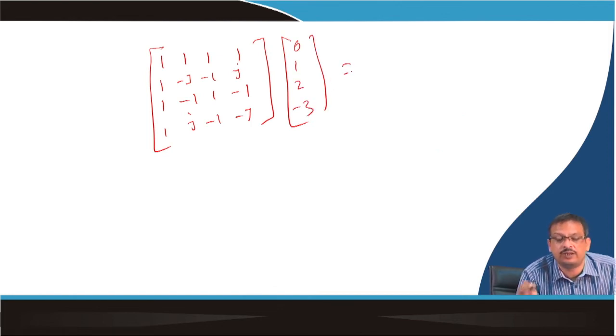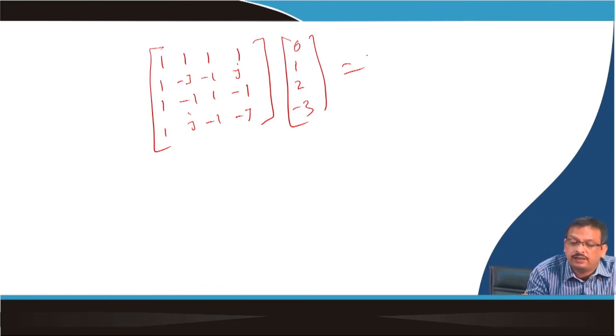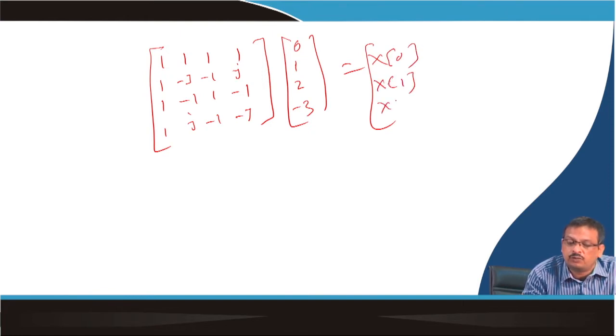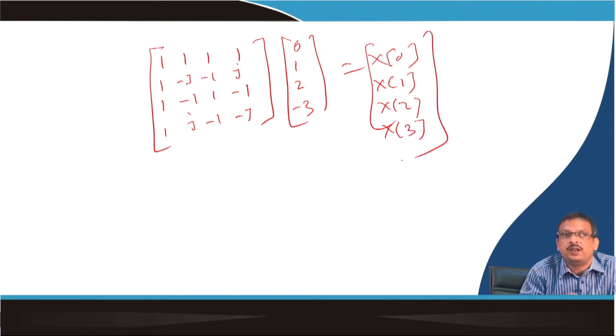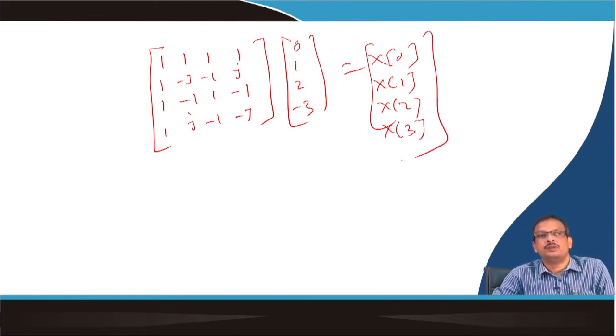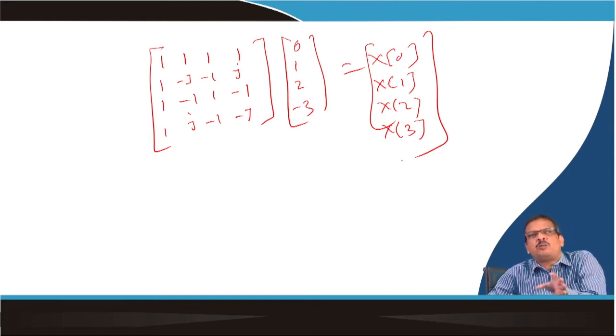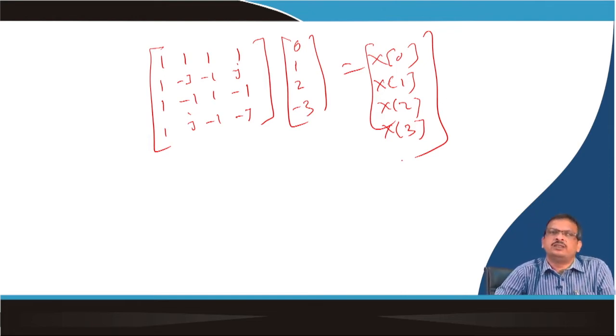Now you do the multiplication, so you can get x of k. You get x of 0, x of 1, x of 2, x of 3. So by linear transformation also I can calculate the discrete Fourier transform, DFT.